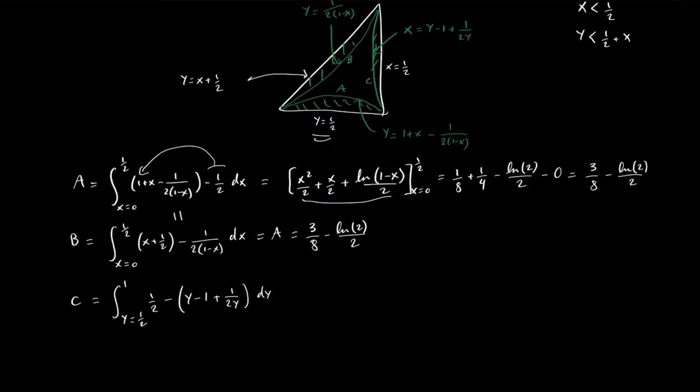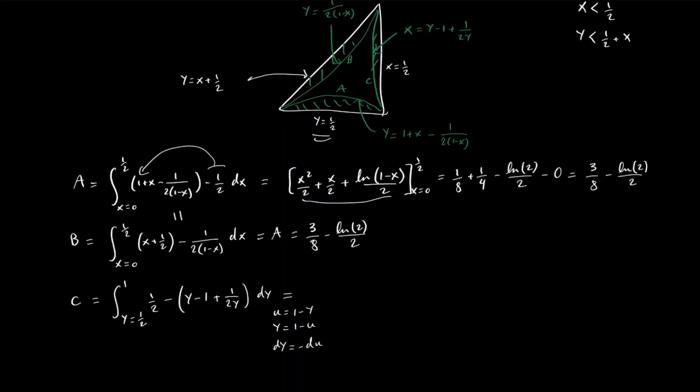Now, finally, for the integral c, before trying to calculate it, we are going to proceed to a change of variable, u equal to 1 minus y, which is equivalent to saying that y is equal to 1 minus u. And we notice that in that case, dy is equal to minus du.